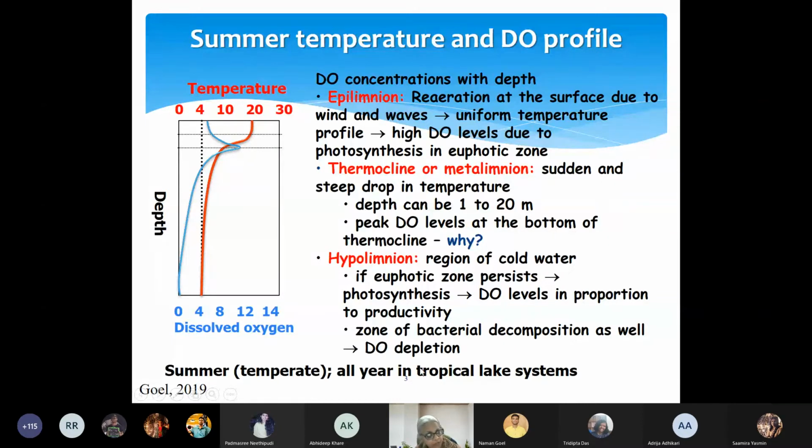This is true for tropical lake systems throughout the year. This is like an unchanging, stable, what we call thermal stratification in tropical aquatic water bodies. So if you were to go and take a dive into any reservoir, any lake system over here, you will probably find this kind of temperature profile.